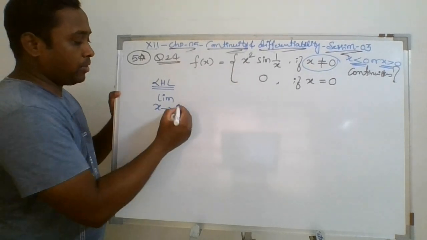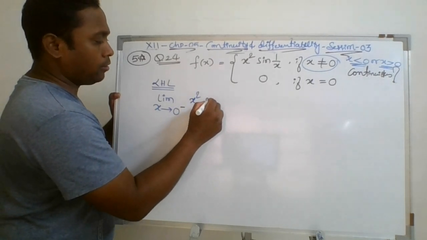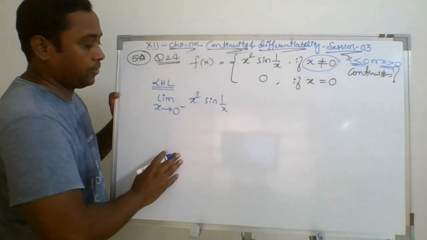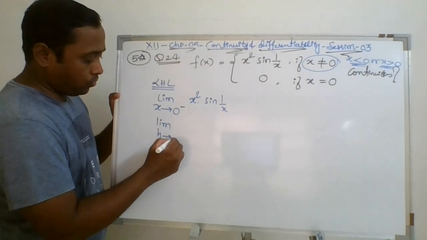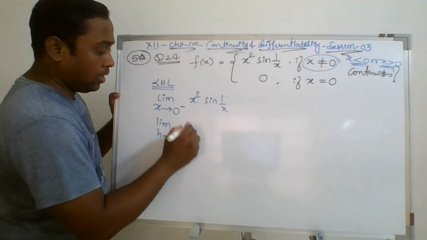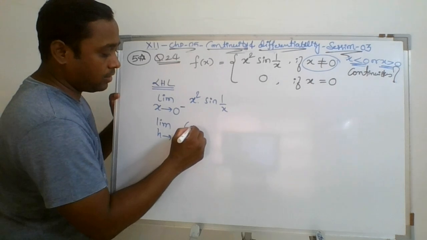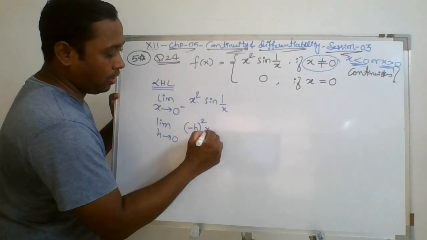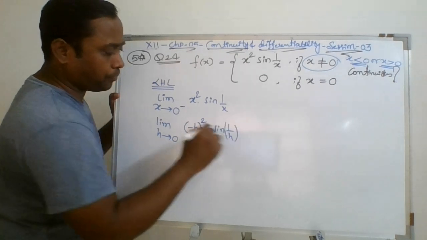So I am taking the left hand limit as x square into sine of 1 by x. If I modify the limit in process, it becomes h tends to 0, and in place of x we are substituting 0 minus h, that is simply minus h whole square into sine of 1 by minus h.